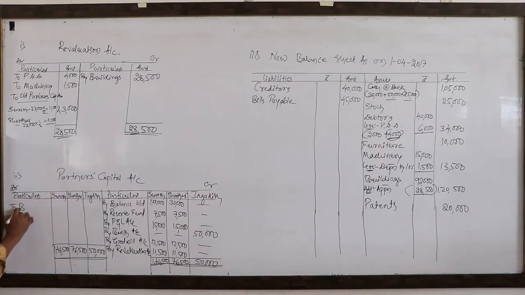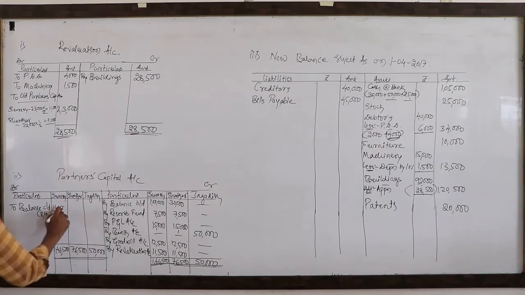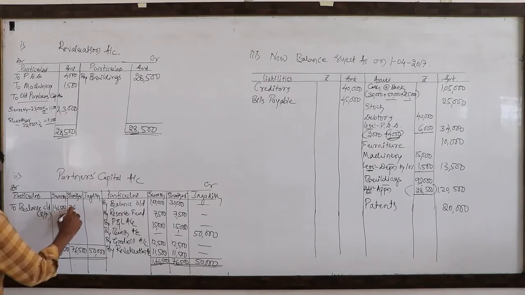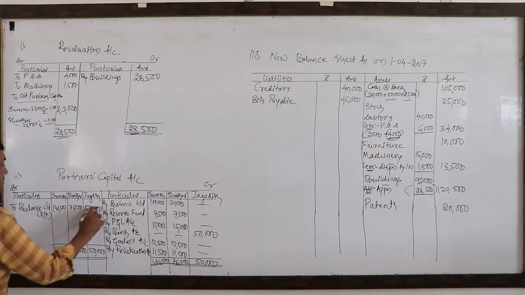So the entire amount becomes the closing balance of capital, balance carried down, the balance sheet figure. No item is on the debit side, that is the reason the total amount becomes the closing balance: 1,46,500, 76,500, 50,000.